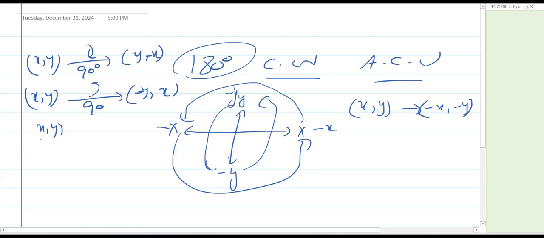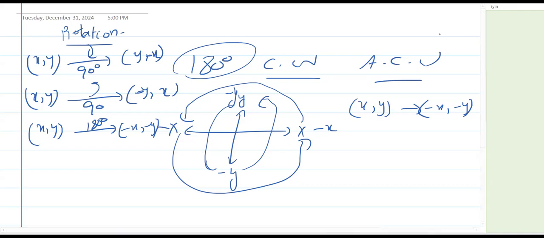And if it is 180-degree, doesn't matter whether clockwise or anti-clockwise, only the sign will change. Okay. So these are the rules for the rotation, like how we will do the rotation. Okay.